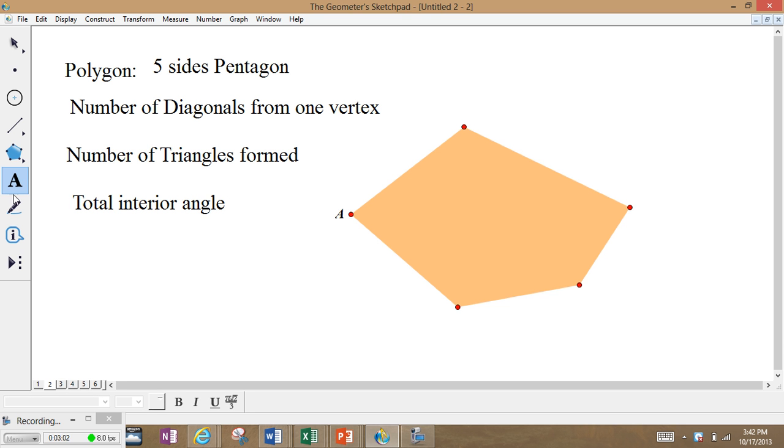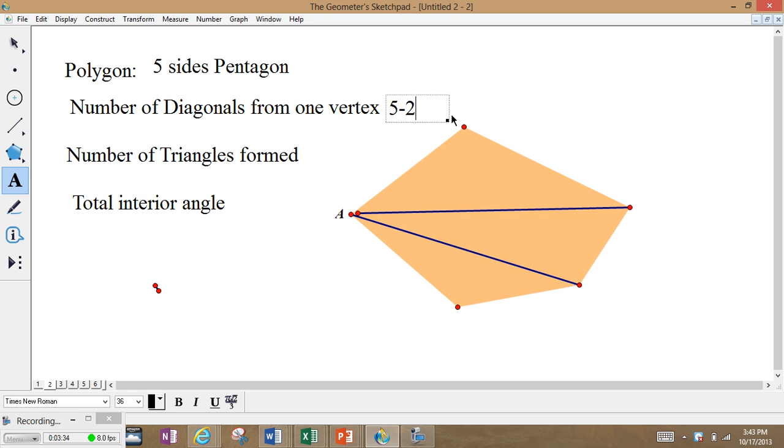Now out of A, I can draw a diagonal here, and another diagonal over here. As you can see, the number of diagonals that I've drawn is 3. But I want you to think about the diagonals in terms of how they relate to the number of sides. So the number of diagonals here with a 5-sided figure was 5 minus 2, which is equal to 3.